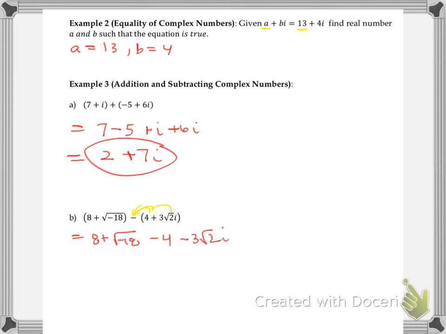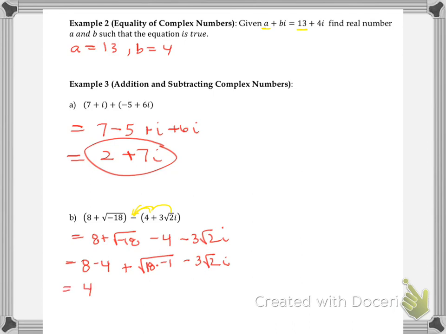Now let's put things together. Well, we can put the real terms together, and then we can look at 18 as 18 times negative 1, and then minus 3 square root of 2i.